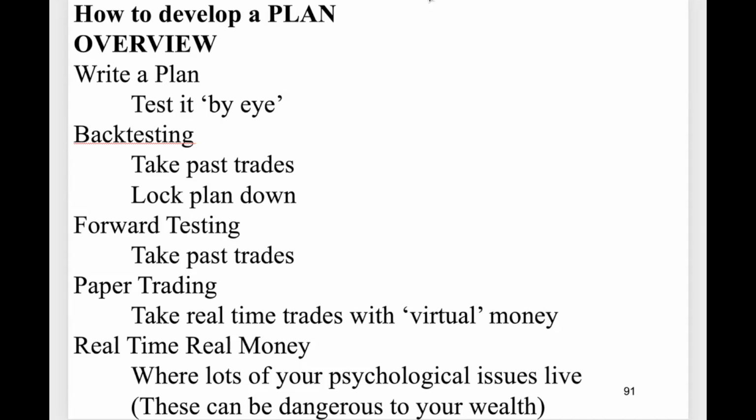It's worked on the sight unseen data that's in the future on the charts. And then you work with sight unseen data day by day. That's paper trading. And you take real-time trades with virtual money. So this is all done in a demo account. You haven't stumped up any money yet as far as trading capital is concerned. It's all about learning what to do.